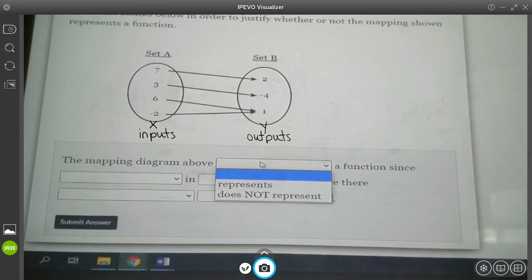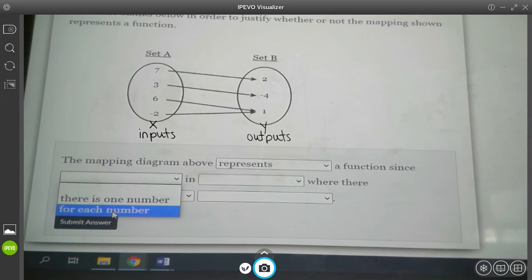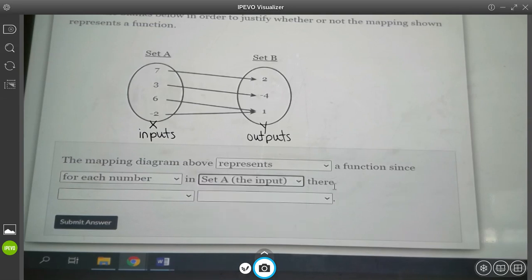We said it represents a function, so click the word represents. All right, it represents a function since for each number, you're talking about what each number in set A is doing. You always read it from set A to set B. So for each number in set A, but you want to make sure you pick the set A that says they are showing inputs. So make sure you pick the one set A that says input there.